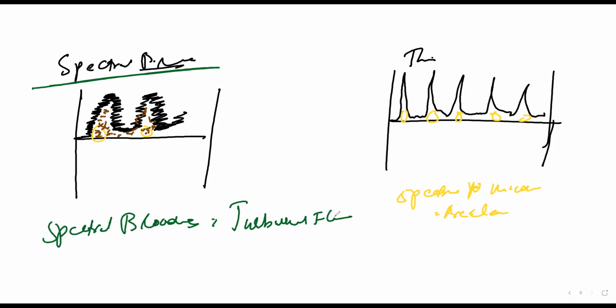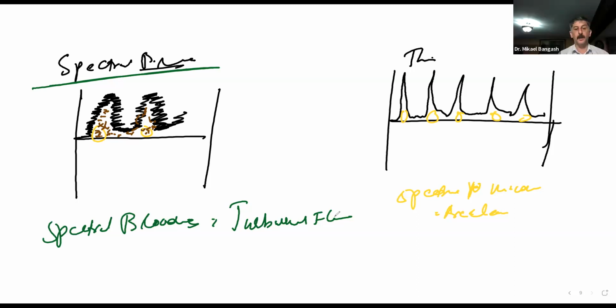Yes, it did. The turbulent flow mainly indicates that there is something in the patient which is abnormal. Most likely, when you have a turbulent flow, that abnormality is going to be stenosis.